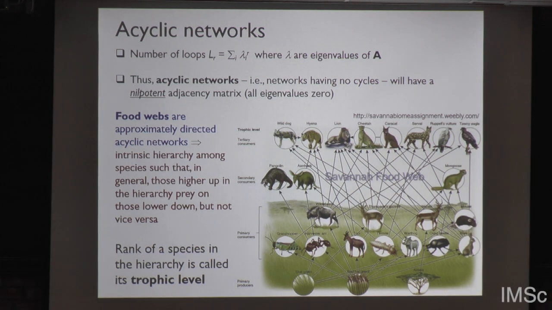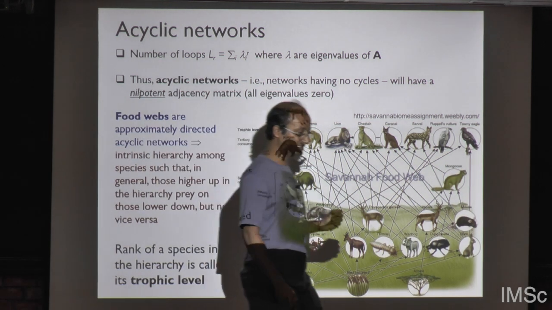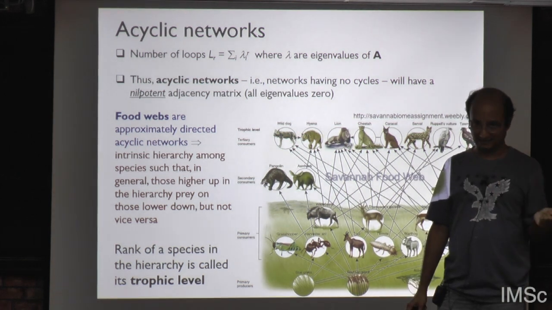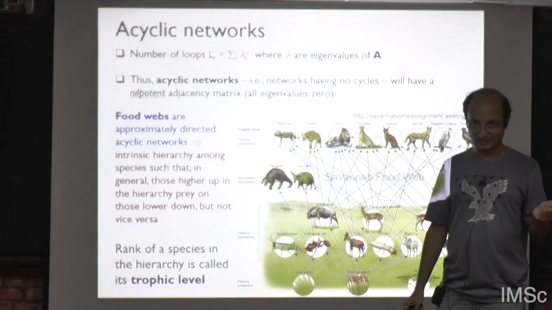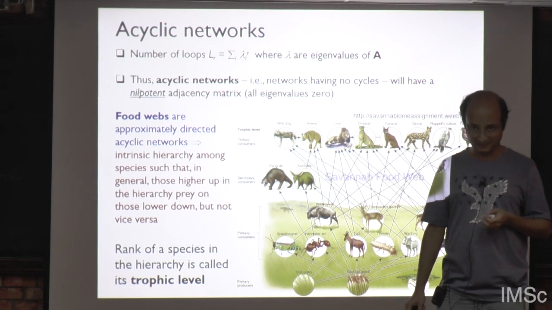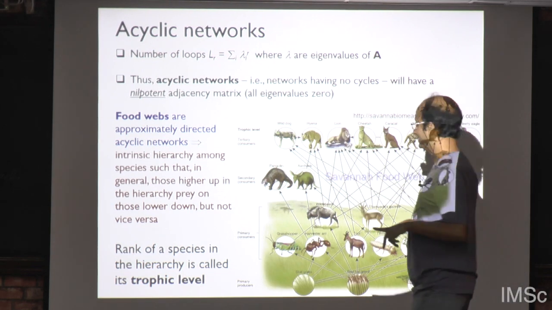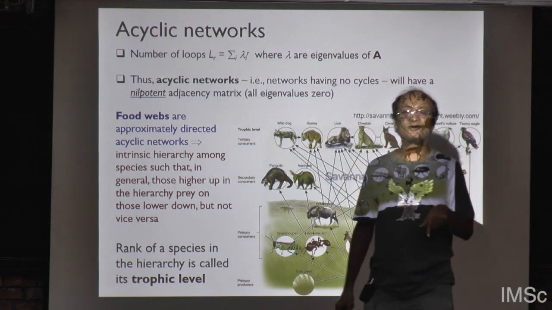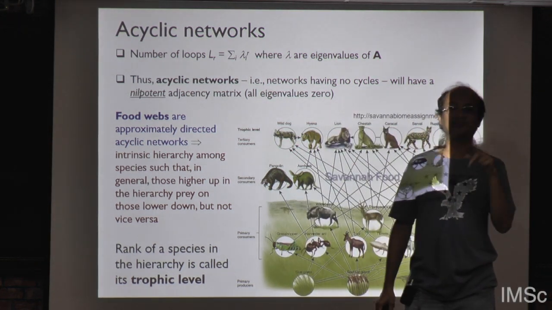Now the only way that can be true is if all the eigenvalues are 0. Is that clear? So suppose I am asking what is the condition that a network has no cycles, whether of length 2 or 3 or 4 or 5. What does that translate to? It means regardless of r, the summation of eigenvalues raised to r has to be 0.